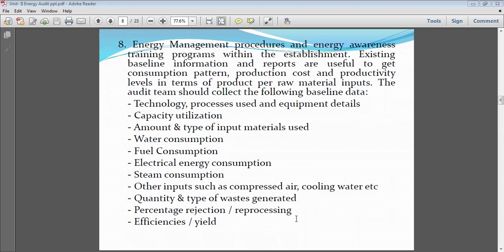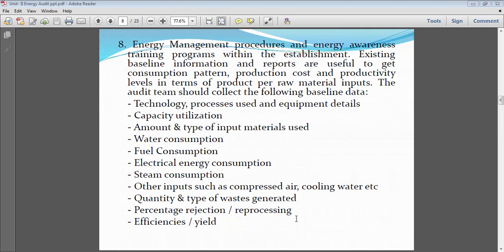Okay. So in this case, we are going to collect the baseline of the industry, the baseline of the factory. Then percentage rejection. What is the percentage rejection? If you reduce the rejection percentage, definitely overall efficiency will improve. The profit is going to improve, isn't it?